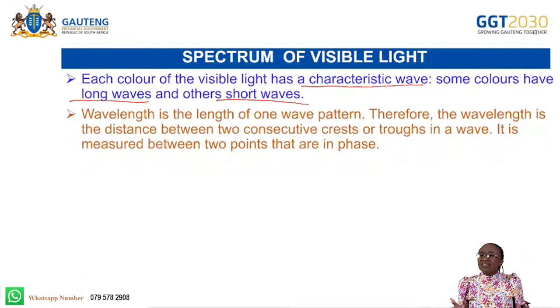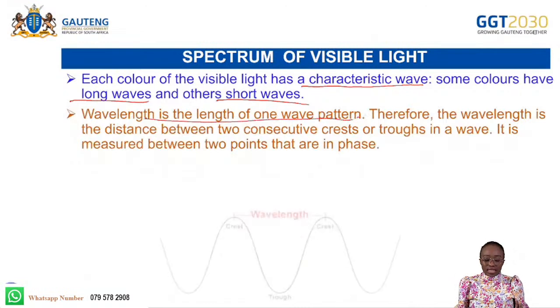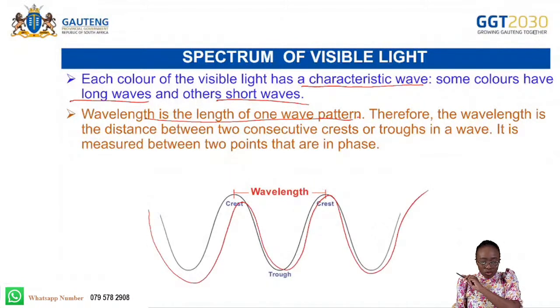So what is wavelength? Wavelength is the length of one wave pattern. Wavelength is the distance between two consecutive crests. So this is a wave, this is a wave. The difference between these two crests, consecutive meaning following each other one after another.